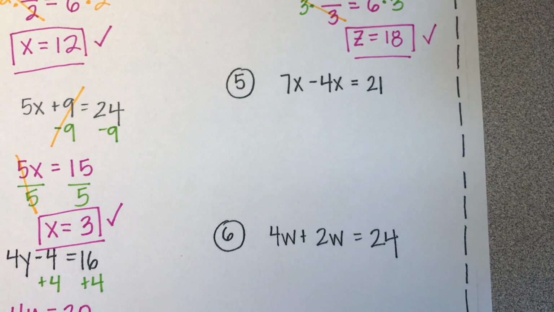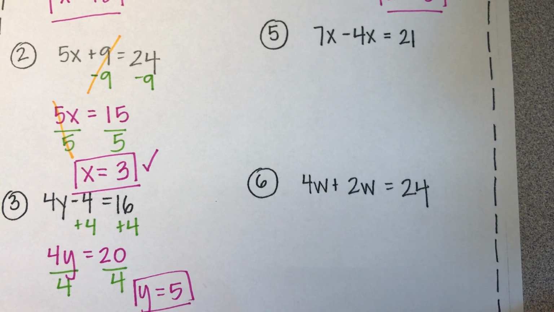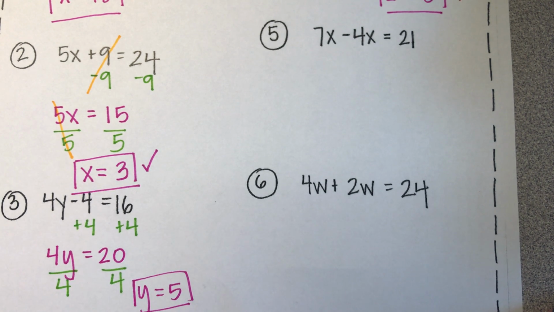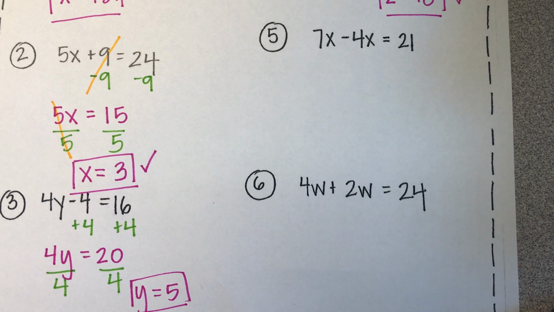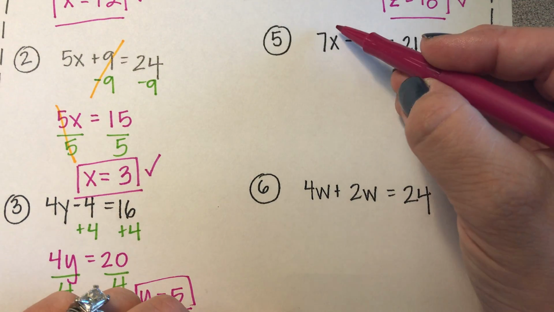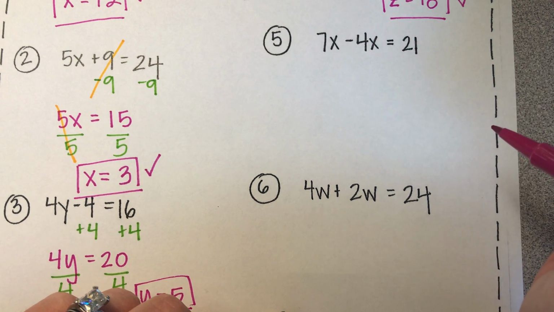So let's talk about 5. 5 looks weird because there's multiple x's. Okay, so in this case, what I'm going to do is combine my like terms. It's saying, well, if I have 7 x's and I take 4 away, I have 21.